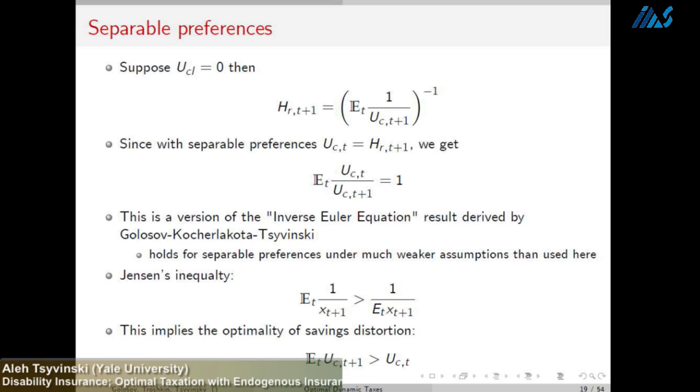And immediately by noticing this, we get the inverse Euler equation with separable preferences. So the inverse of the marginal utility of consumption today is equal to the expectation of the inverse of the marginal utility of consumption in the future. Okay? And exactly from this, by applying Jensen's inequality, you would get that the expected marginal utility of consumption in the future is higher than marginal utility of consumption today.